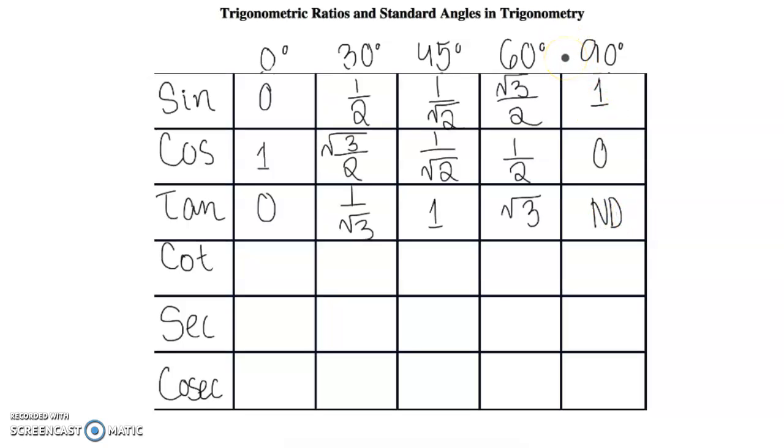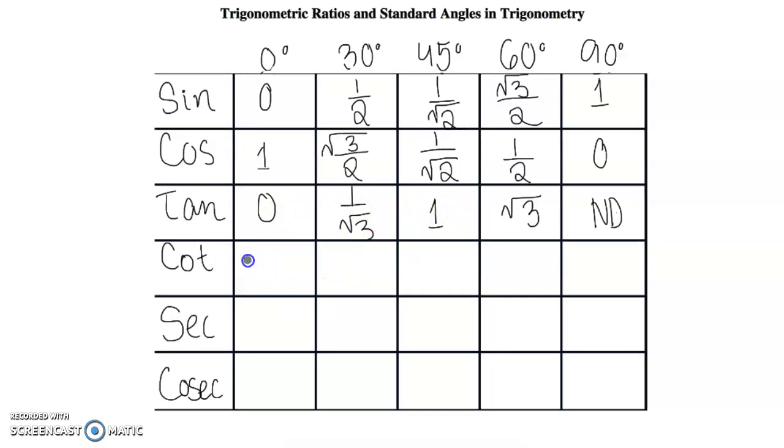It's undefined because no matter how much we try to multiply nothing times some number to equal 1, we cannot turn nothing into 1. For cot theta, you're going to look at the previous line, tan theta, the third row in the chart, and write it backwards.